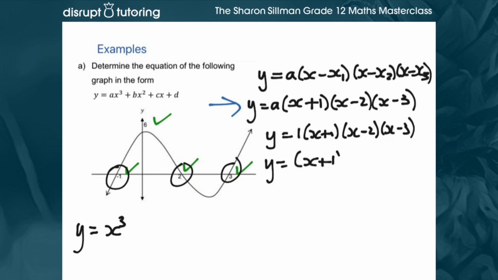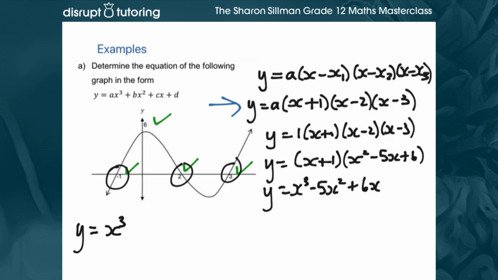I'll leave the x plus 1 in the front, and I'll multiply the other 2 first. That gives me x squared minus 5x plus 6. Now I'm going to continue using the distributive law, multiplying the x in the first bracket with all the other 3 terms in the other bracket, and then multiplying the 1 in the first bracket with all the terms in the other. A little bit squashed.